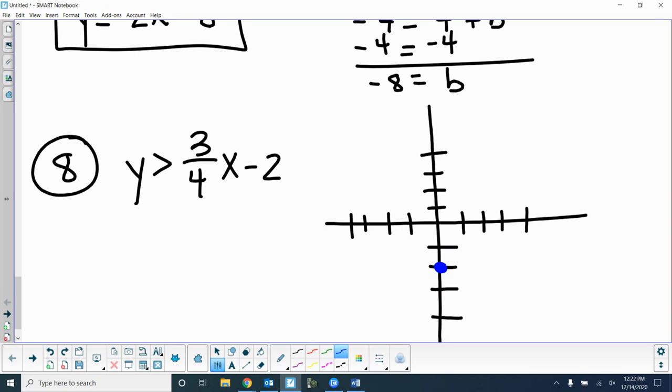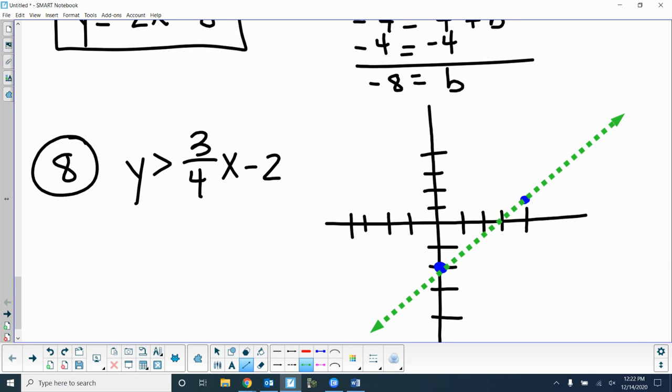So from that dot, I rise 1, 2, 3, and I run 1, 2, 3, 4. Okay, so there's 2 dots I can connect. Remember, it's supposed to be a dashed line. So make sure when you're looking for the right choice, it's dashed.